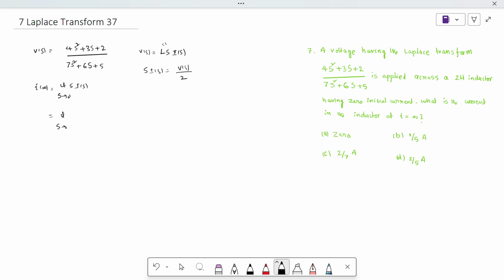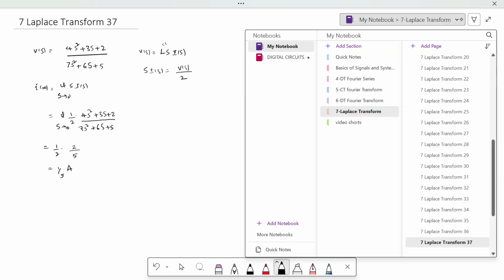Then the limit s tends to 0 of 1 by 2 times 4s square plus 3s plus 2 by 7s square plus 6s plus 5. Substituting s equals 0, we get 1 by 2 times 2 by 5, which equals 1 by 5 amperes. So option B.